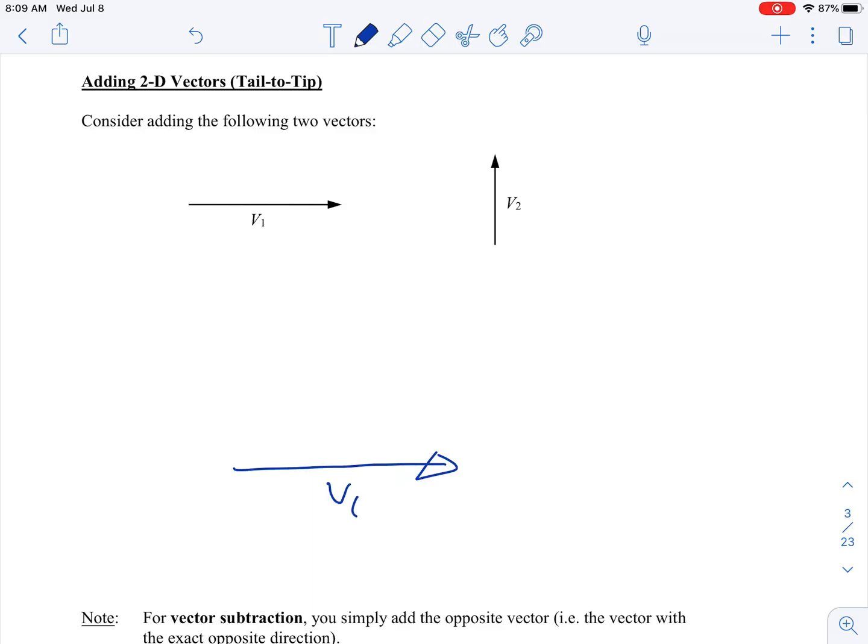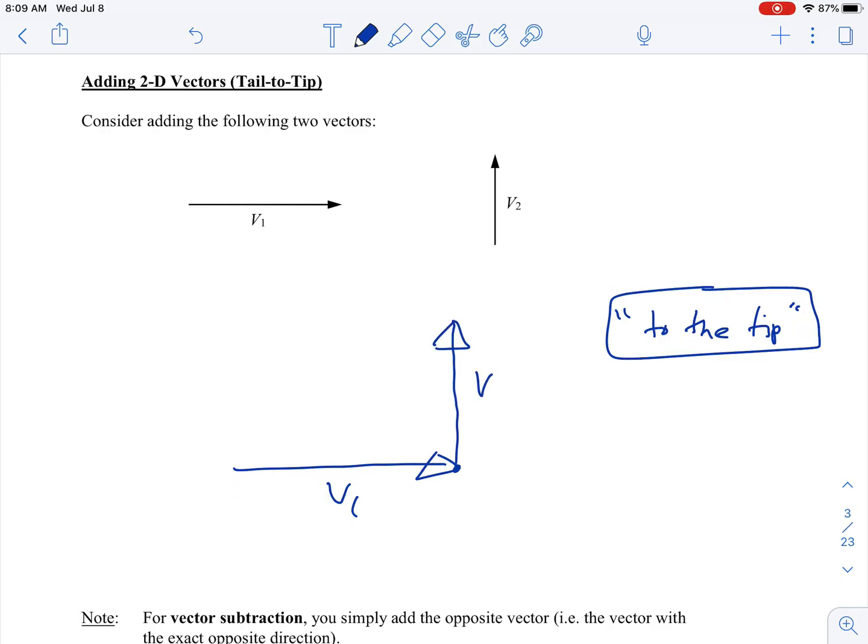Now, when you add these two together, I want you guys to remember a very important phrase: to the tip. That means you have to take the second vector, which is V2, and you add it to the tip of the first vector. So here is the tip of vector 1. From that tip, you're now going to add V2. And believe it or not, that's called addition.